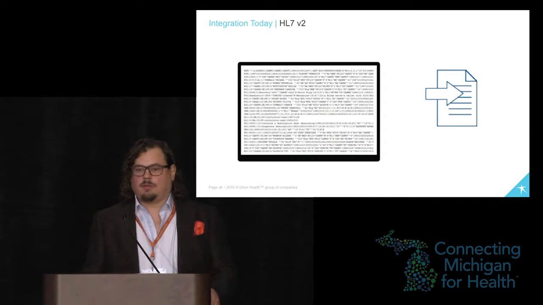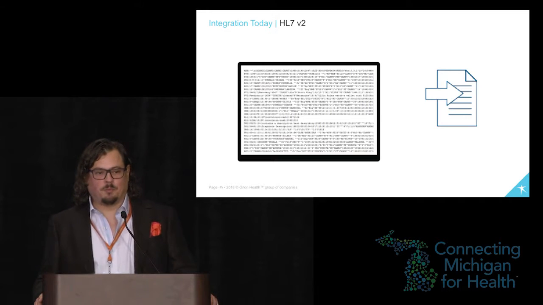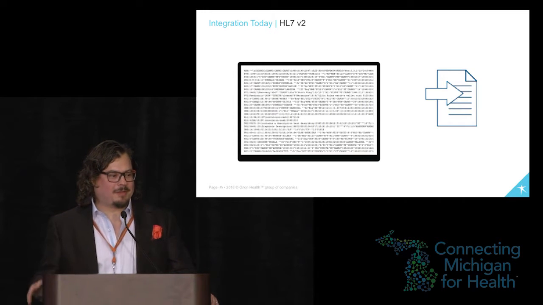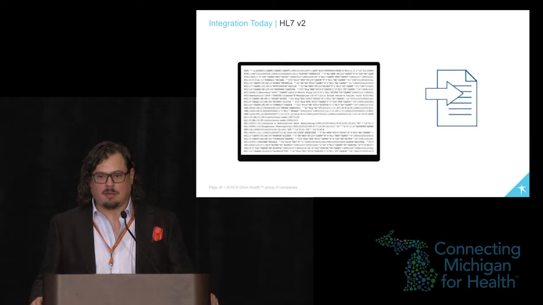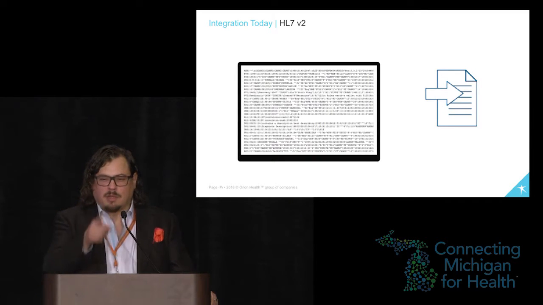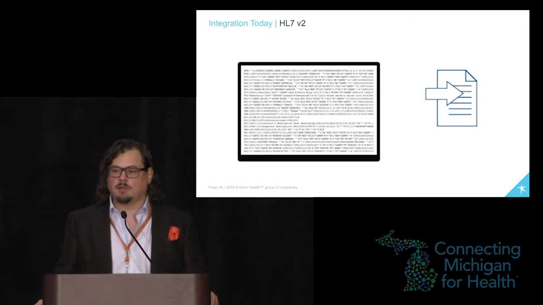I'm sorry, I tend to move around a little bit, and I'm trying not to move from the mic here. But if we look back to V2, it was not particularly easy to read. I wanted to find an eye chart icon to include on this slide, because you'd go cross-eyed counting the pipes to figure out where data was.